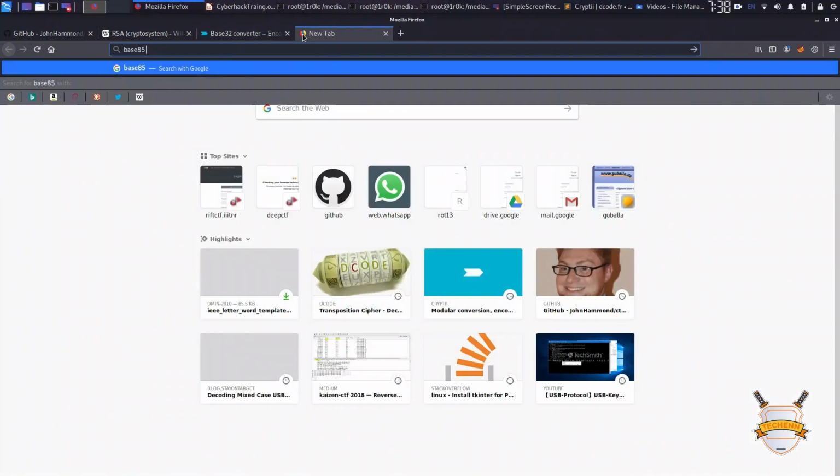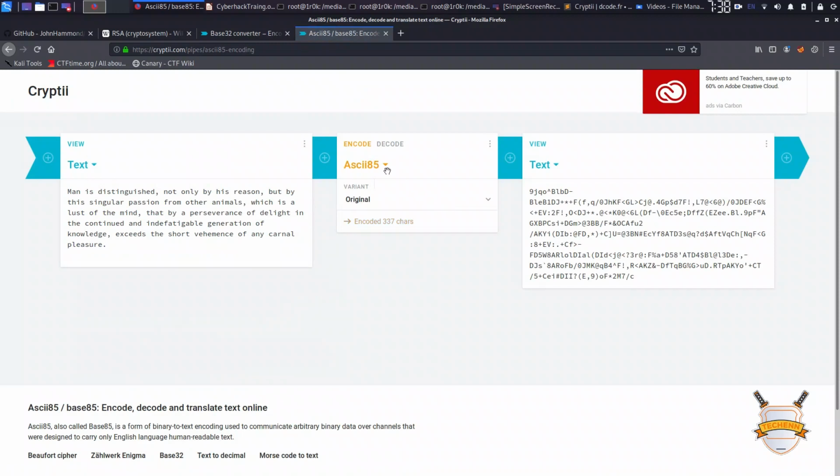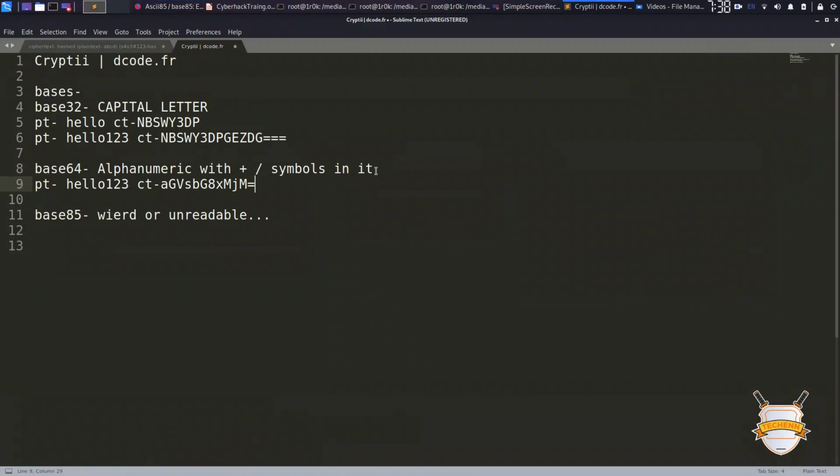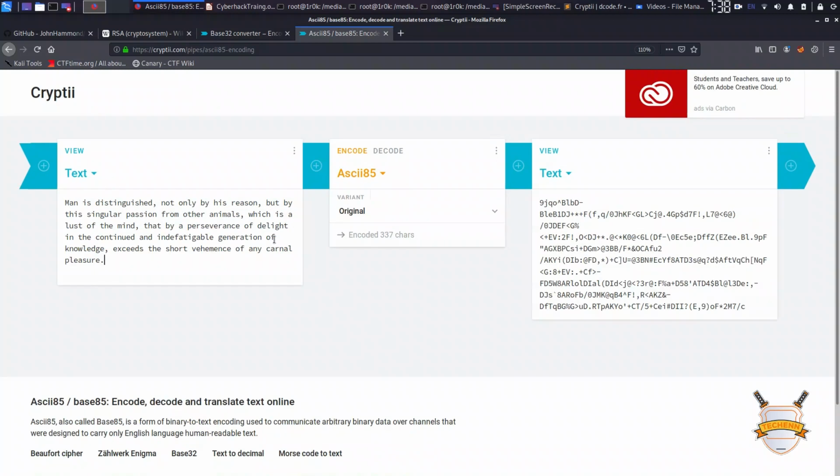Now base 85, or ASCII 85. Just look over here.